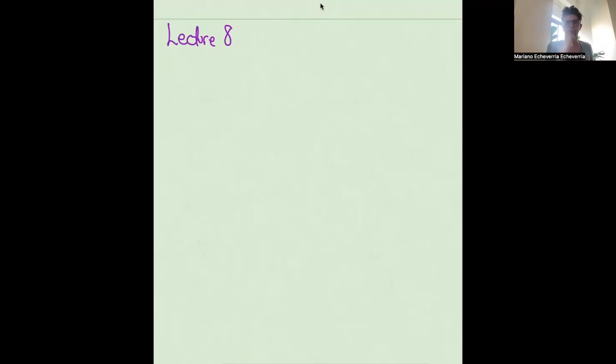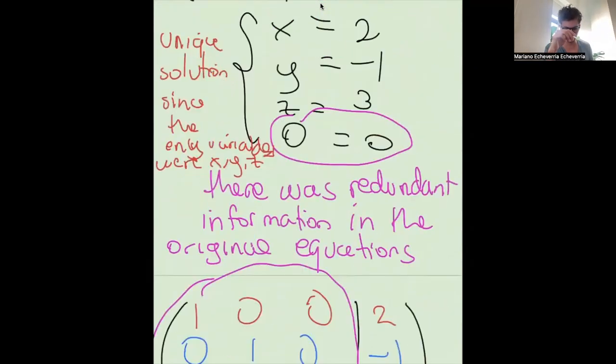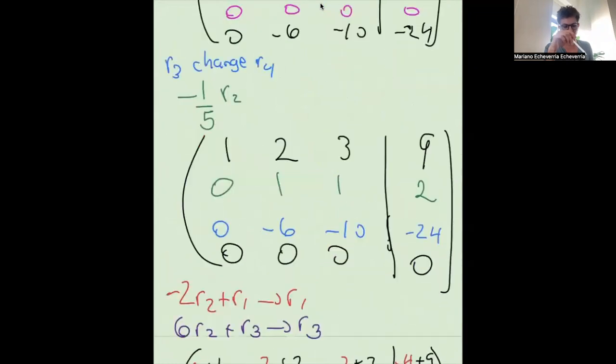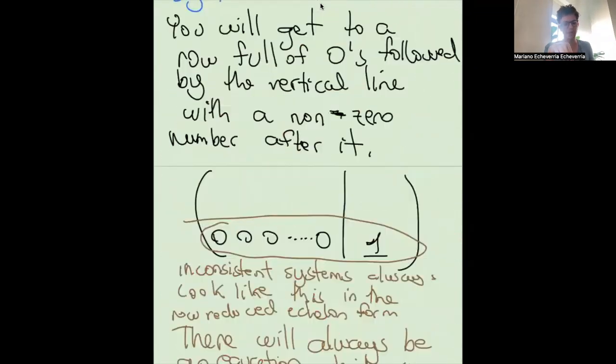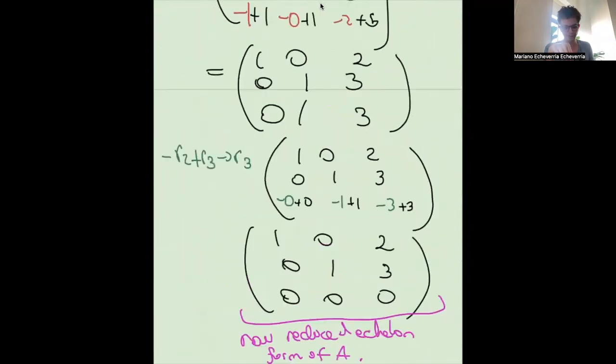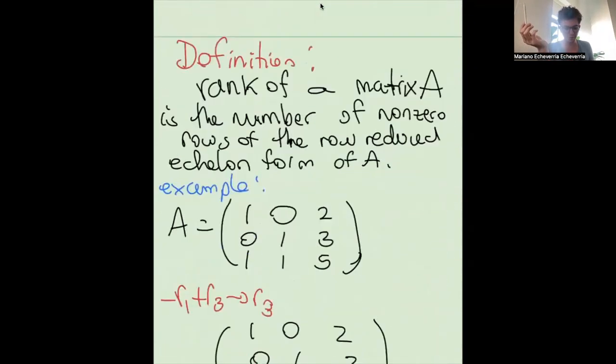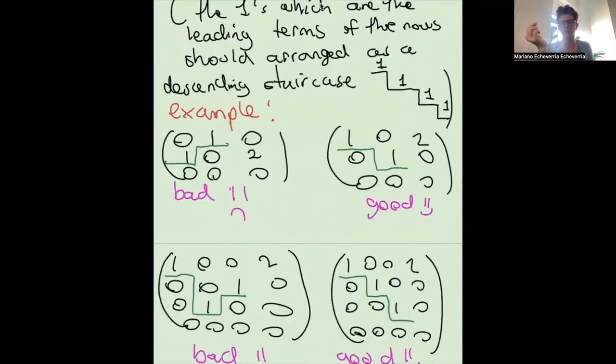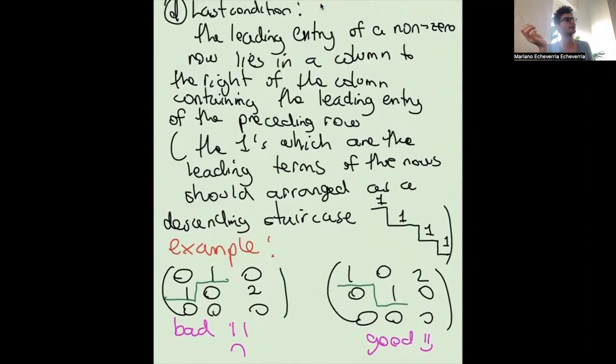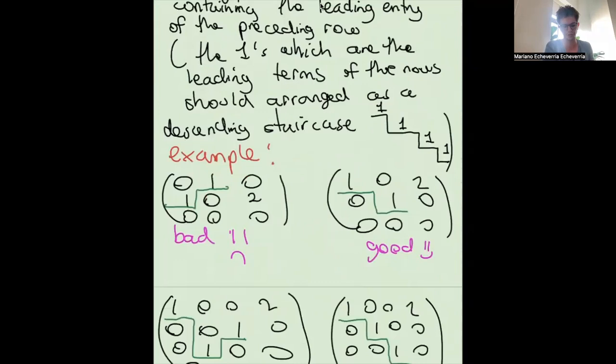What I was saying yesterday is that once you have a system of equations, you want to reduce it, because that will make it easier to identify what's going on in terms of the solutions.